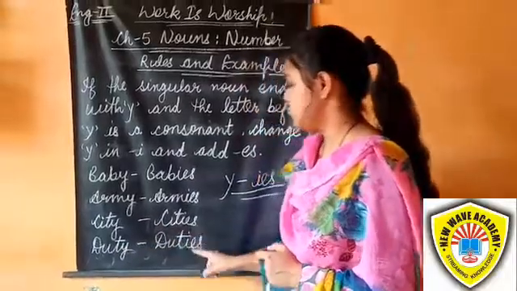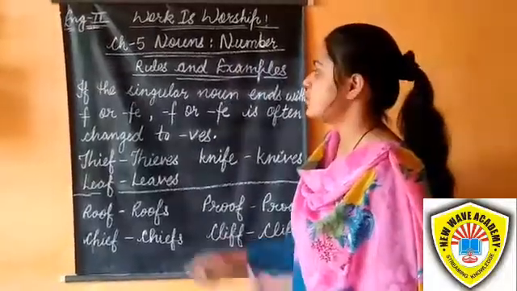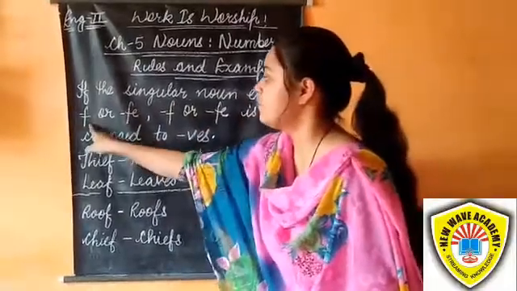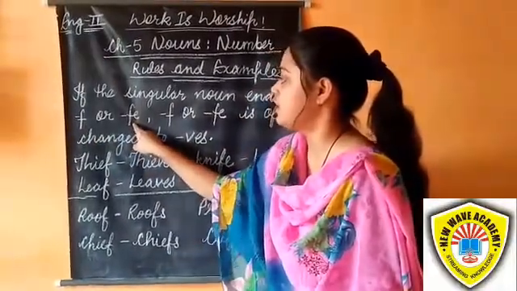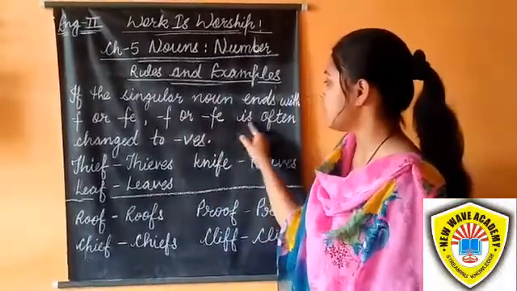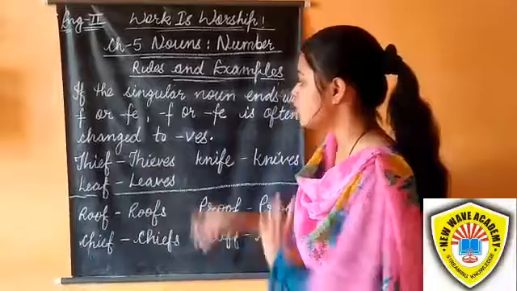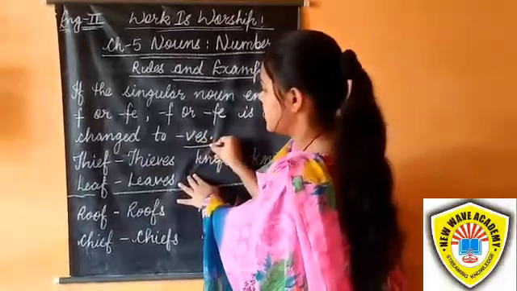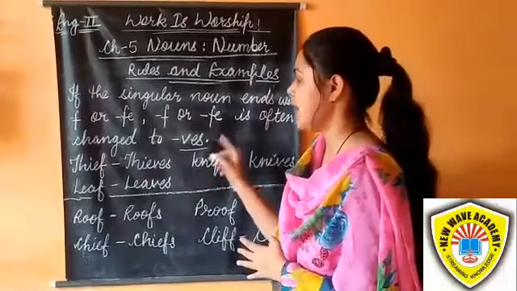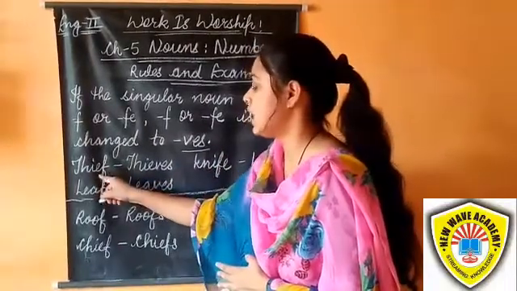City, cities. Duty, duties. If the singular noun ends with f or fe, then f or fe is often changed to ves. F or fe changes into ves. For example, thief.